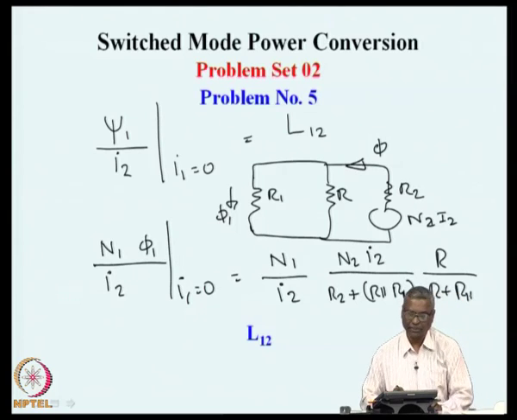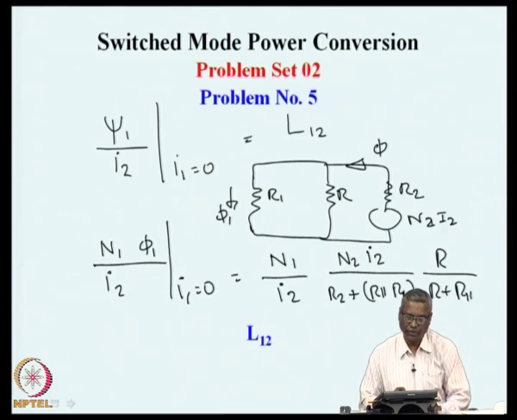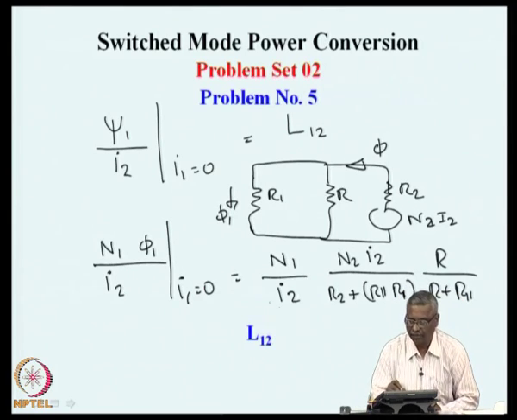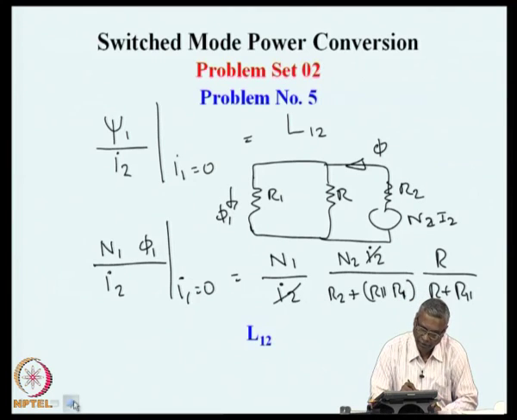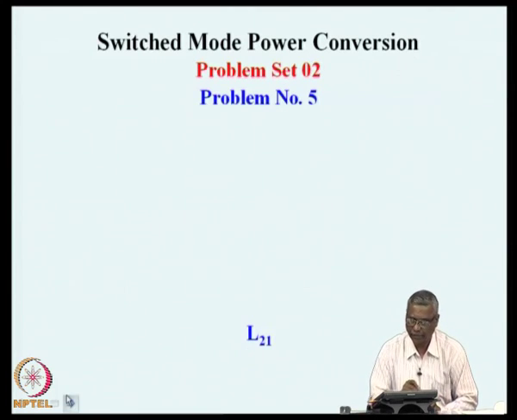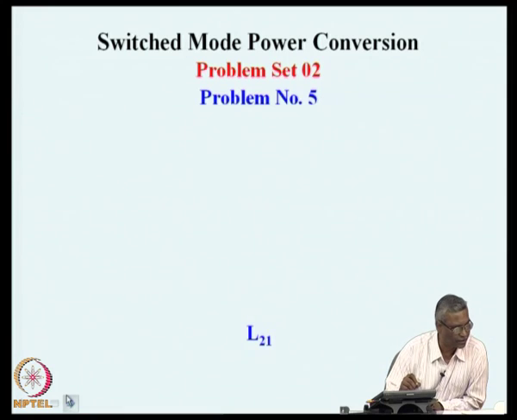So, this would be the expression for L12, and this expression will be identical, I2 will cancel, and this expression when simplified will be identical for L21 also. L21 also will have the same expression.